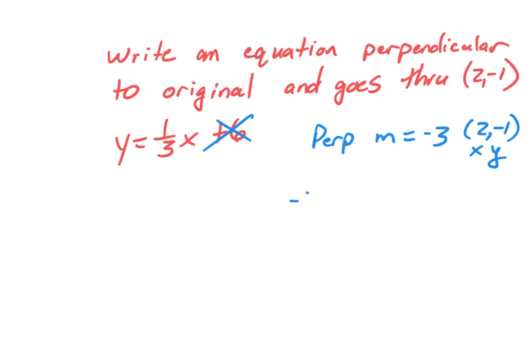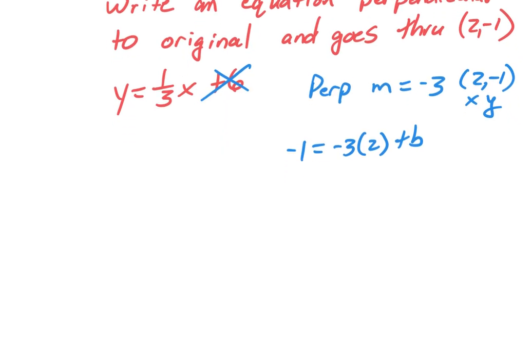So -1 equals -3 times 2 plus b. And then we're trying to get b by itself.